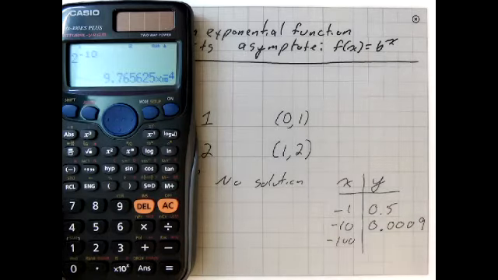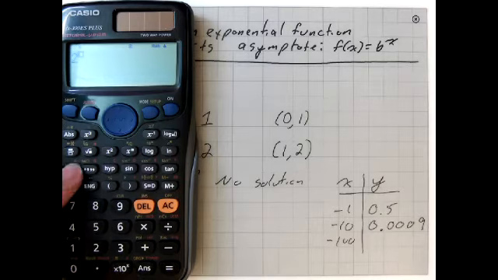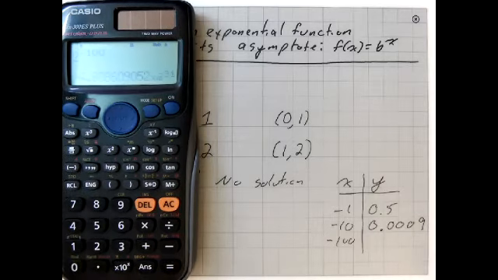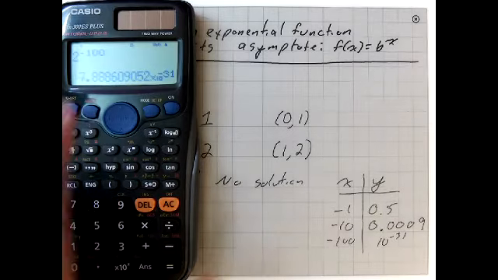If we tried the negative 100 power, we get an exceedingly tiny number. Something in the ballpark of 10 to the negative 31.